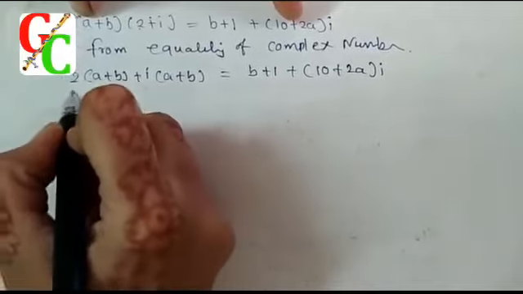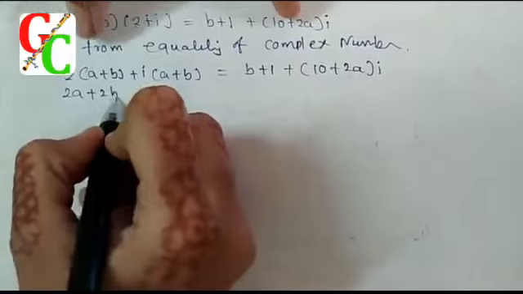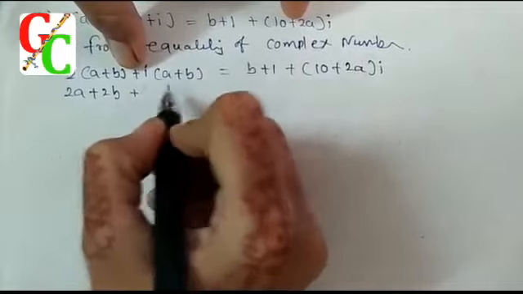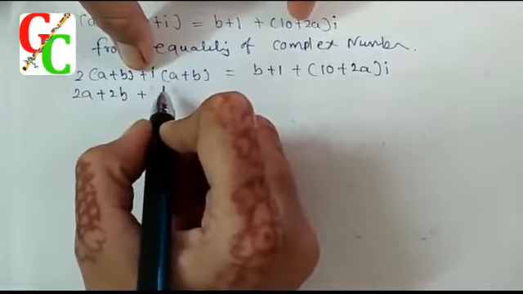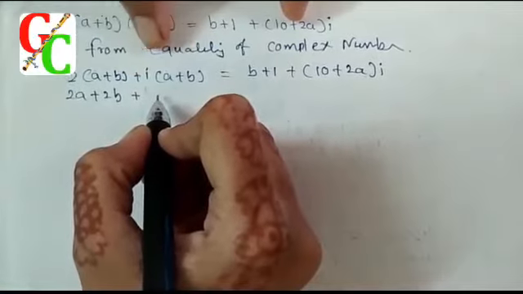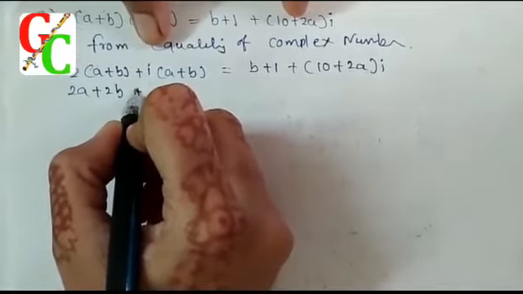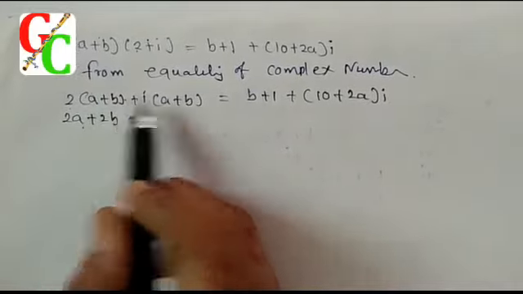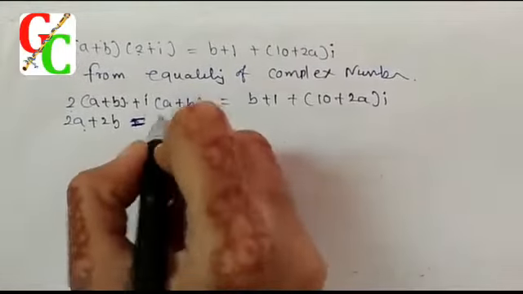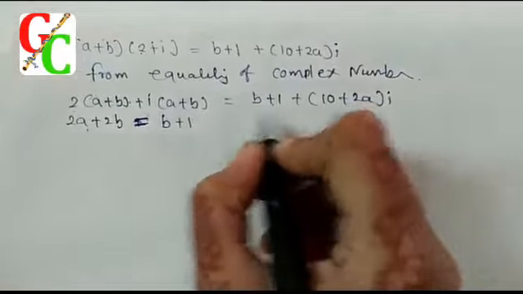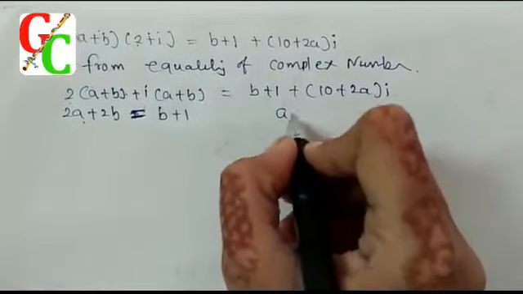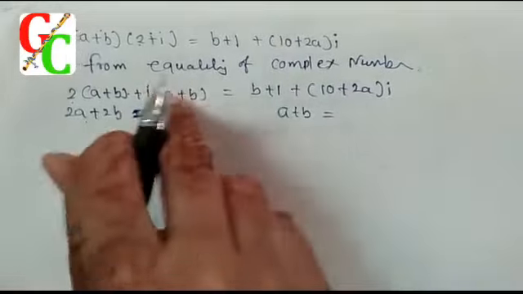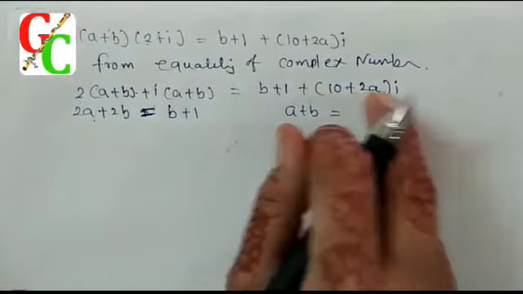So 2a plus 2b. Now we compare 2a plus 2b with b plus 1, and a plus b with 10 plus 2a.